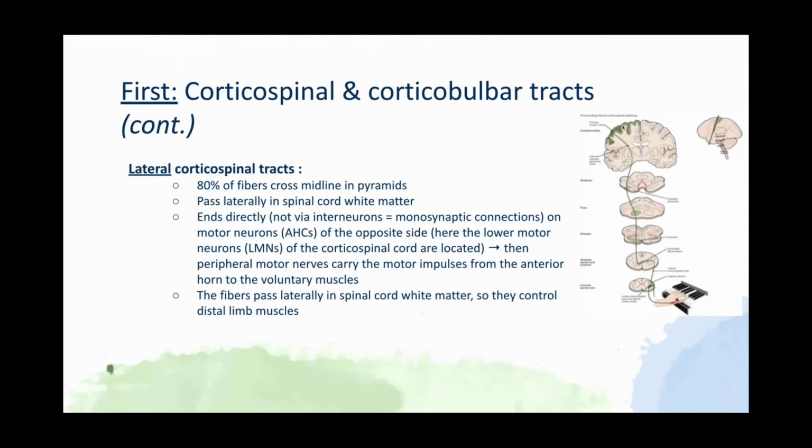Okay, it's really important to know for each tract where it crosses. The crossing for each tract happens in different places than the other tracts. Why is it important? Because when we have, for example, a cut in the spinal tract, when the cut is here, which side of the body will be affected? When the cut is on this side, this is the left side of the spinal cord, so the affected side of the body is the left body.